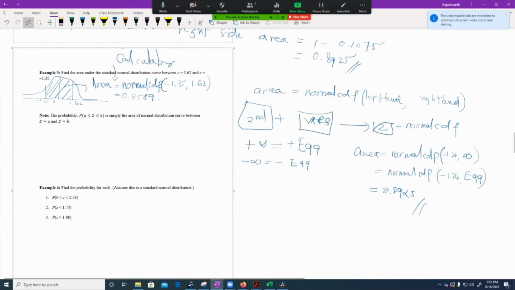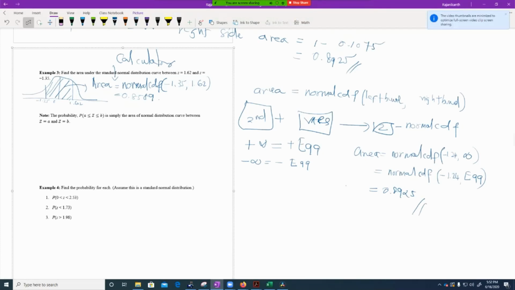Okay, let's look at that note. Now we are going to see what the connection is between the probability and the area we just found. Suppose you have the area for the standard normal random variable z between two values, say A and B, which could be any numbers. So in general, I'm taking A and B as these two numbers.